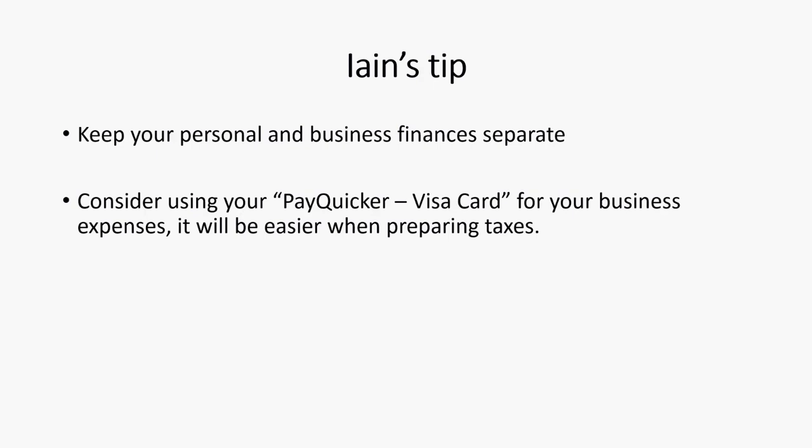I would consider using the Payquicker Visa card for most of my business expenses. It's so much simpler. If I'm traveling for business, if I'm going to Staples and purchasing supplies, or any expense which could be attributed to my business activity, then I would be using my Visa card so that the audit trail of following the cash is very apparent and very easy to see.